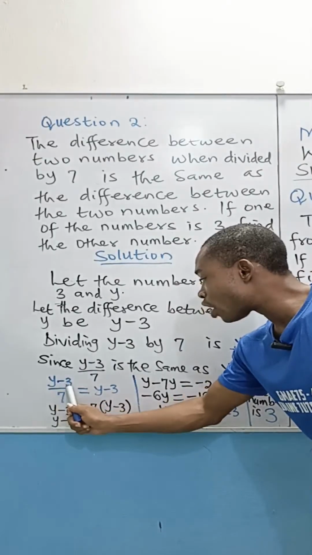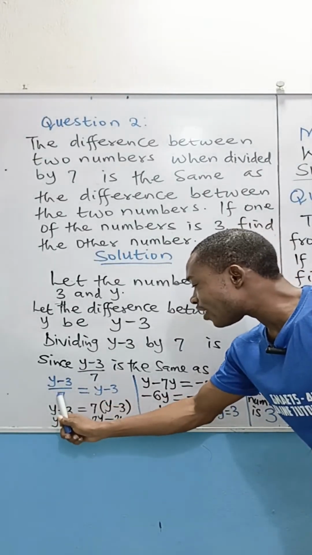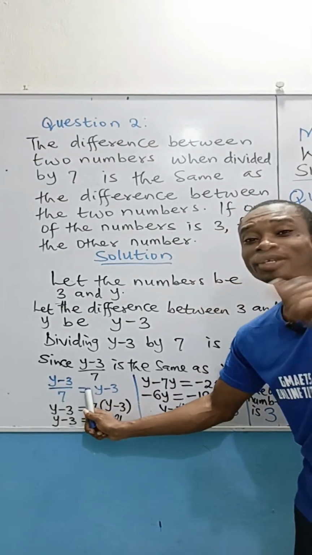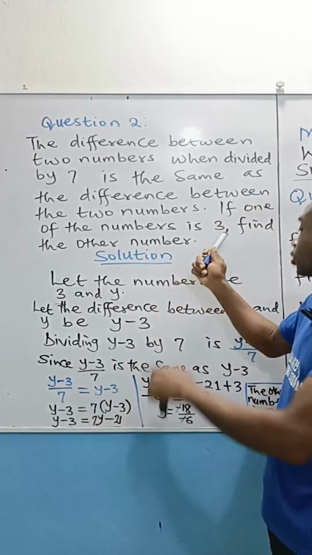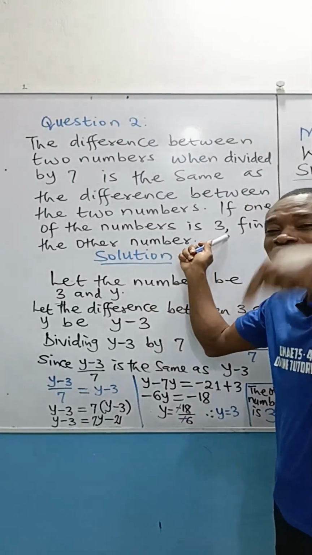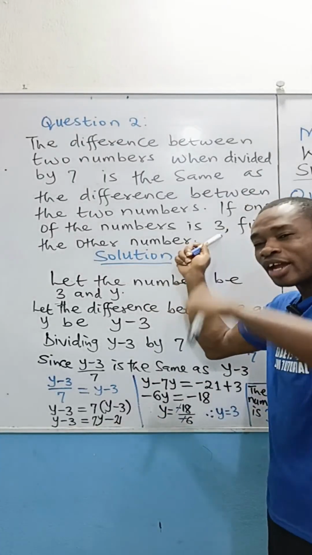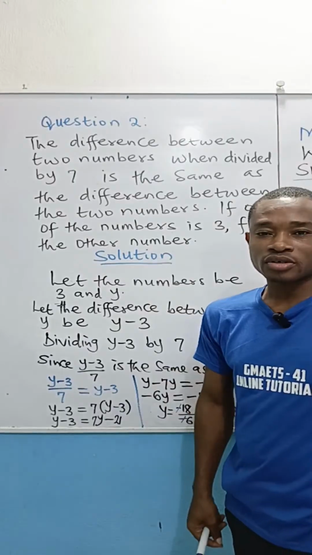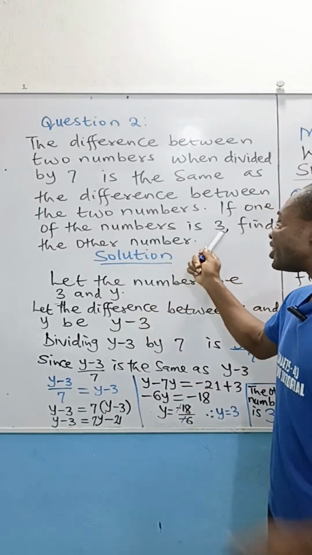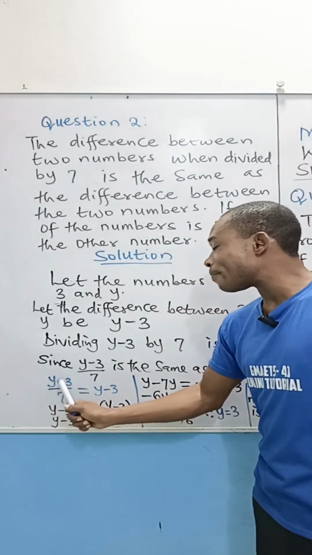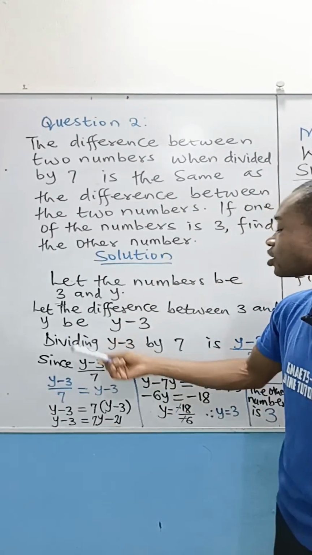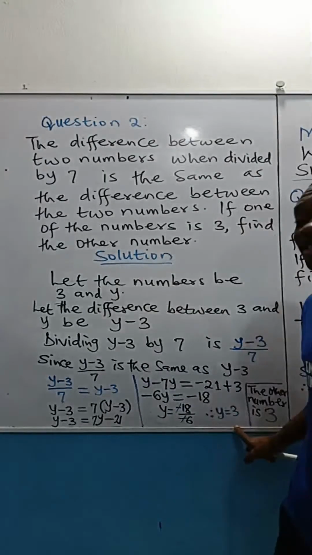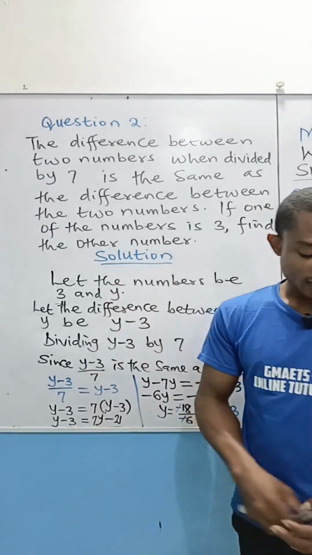Here, close to the end of the question, one of the two unknown numbers was revealed to us. We are told that one of the numbers is 3. That is why we have y minus 3. So with this, we solved, and then we find out that the second number is still the same as 3. And that is the answer.